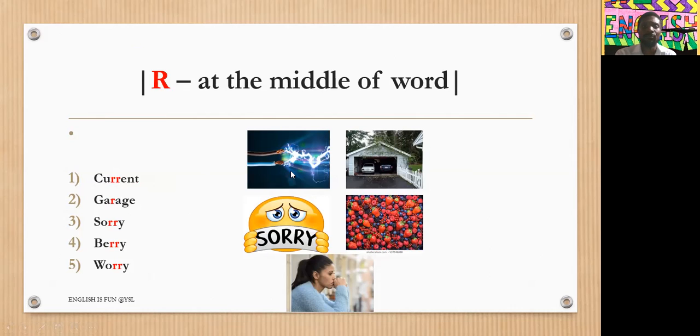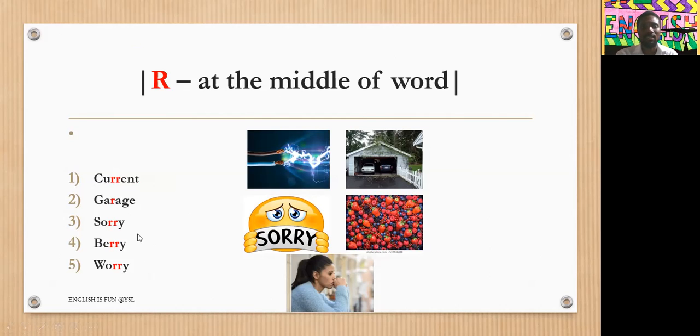The next one is garage. The R sound is in there, right? Garage, which is on the second syllable. Garage is represented with this picture. I hope you can see clearly.